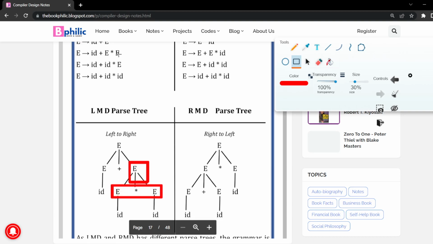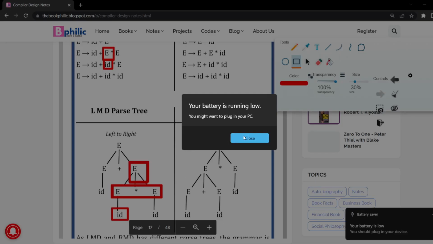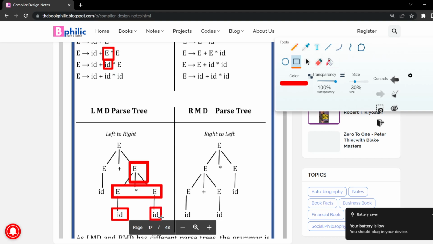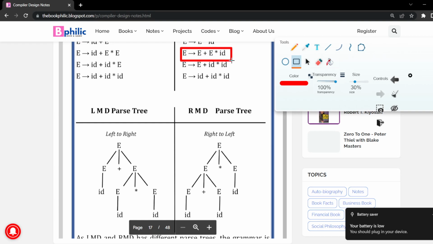And ultimately, we have derived this leftmost non-terminal into ID. So we have derived the capital E into ID and this capital E into ID. Okay. So hope you have understood. And in this case, E derives E plus E star ID. And so let us take the star symbol as it is.